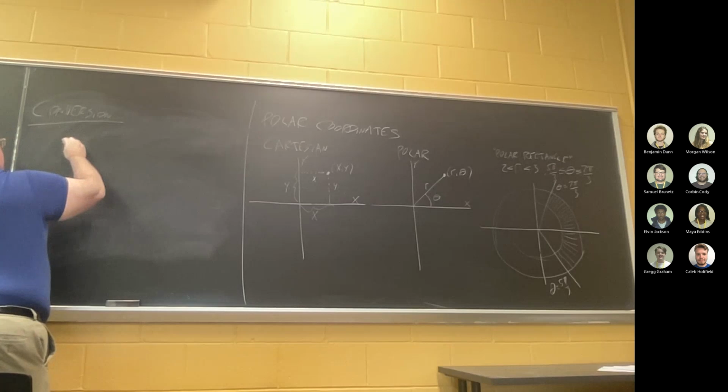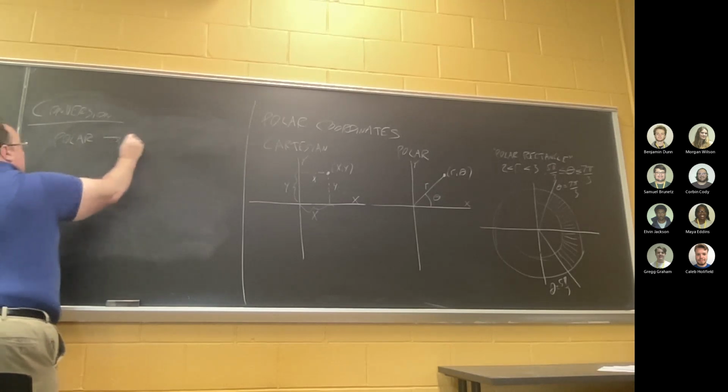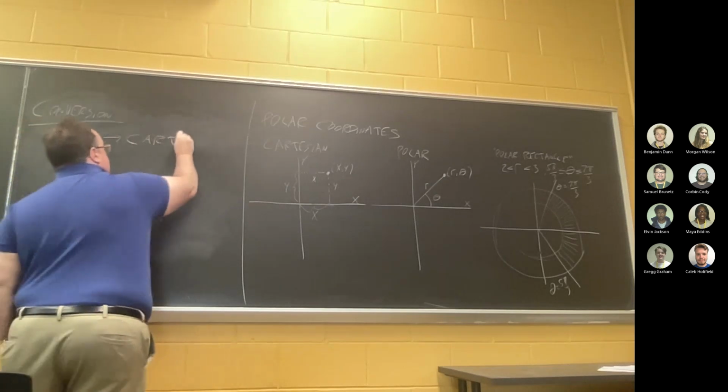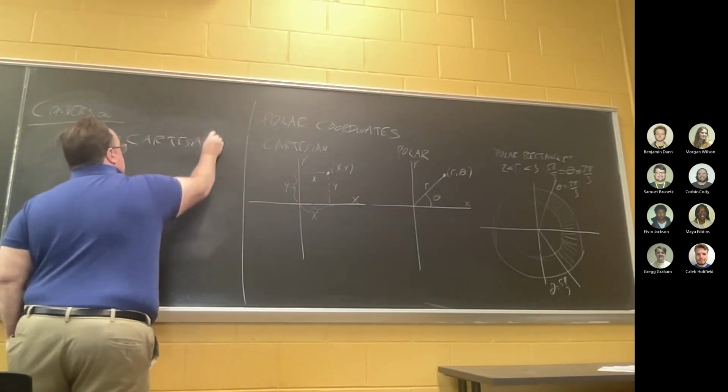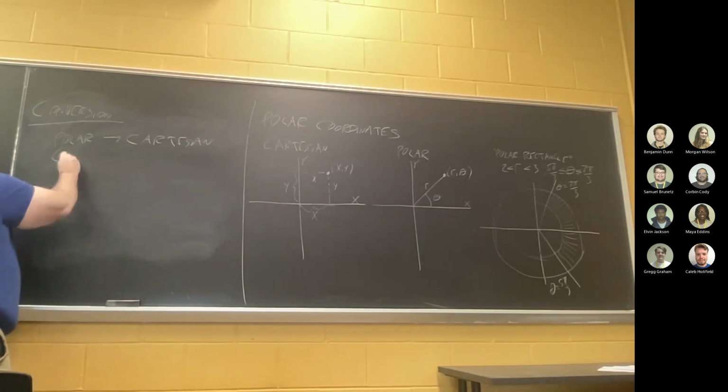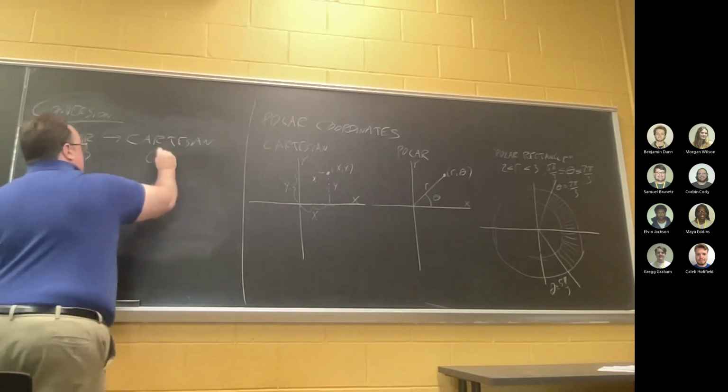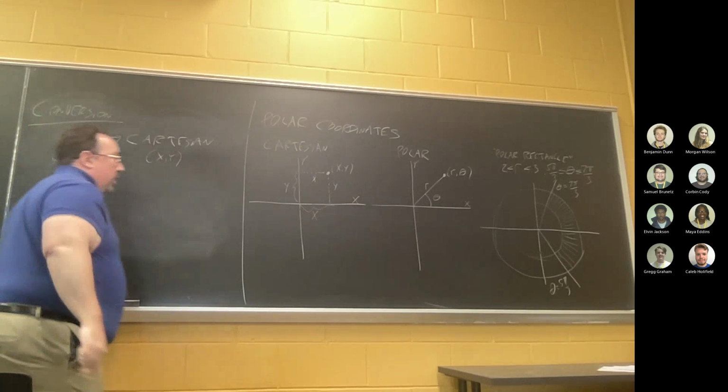Okay, so first, if we have the polar coordinates of a point and we want the Cartesian coordinates, that's the easier direction. You're given r and theta, and you want x and y.